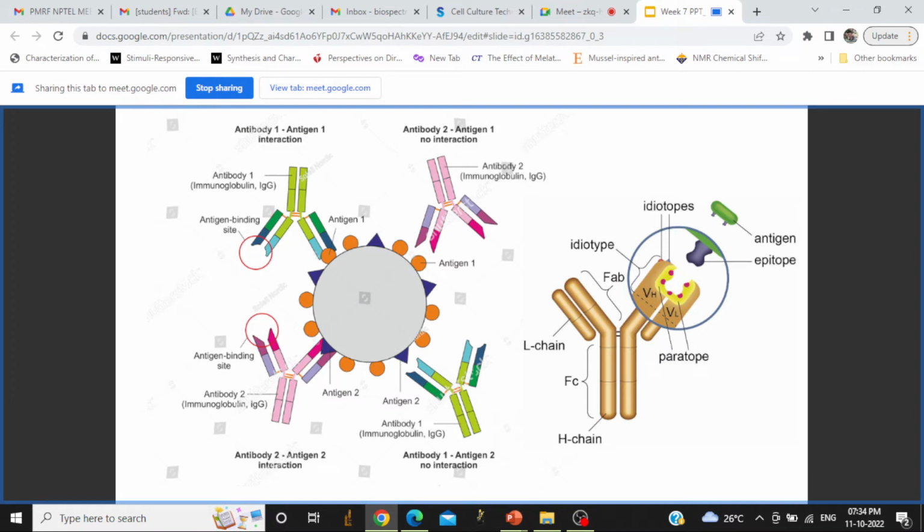Some are common to all these cells, and the sequences of these antigens are also known, and the antibody which binds to these antigens is also known. So if you want to study some particular type of cell, and you know the antigens present on it, and the antibody is also known, you have to order the antibody from the vendor, and you can use them in your experiments.